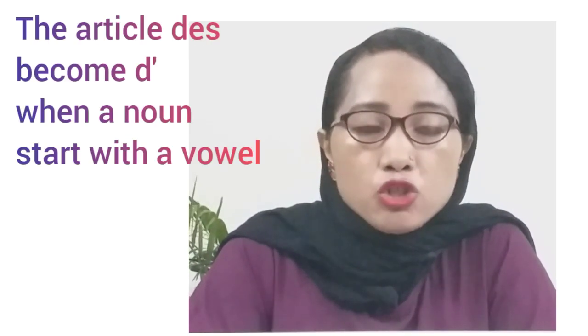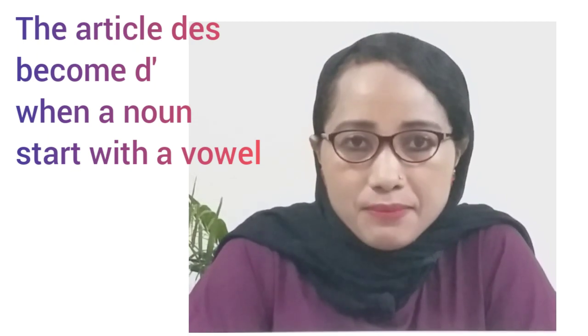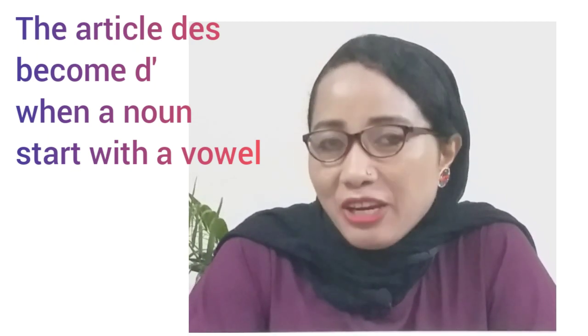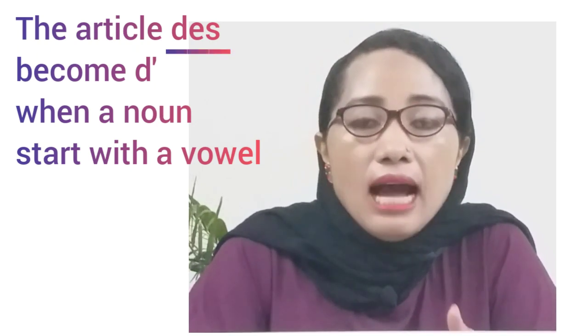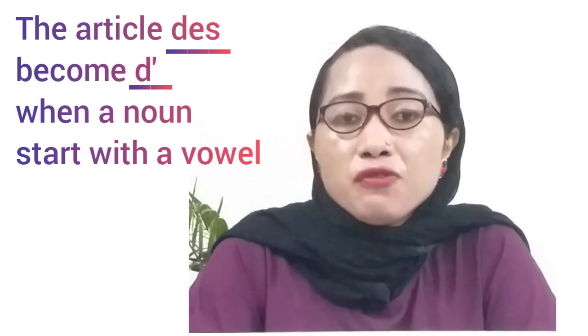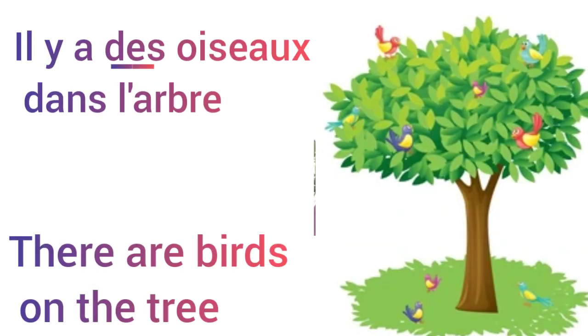Alright? So, be careful. The article des can become d' with an apostrophe in the case of a noun which starts with a vowel. For example, il y a des oiseaux dans l'arbre. There are birds in the tree.